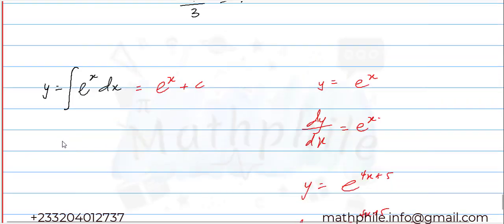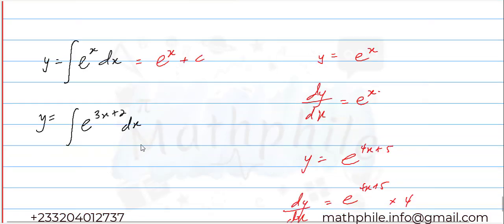So let's extend the knowledge to integration. Let's say we've got y equal to the integral of e raised to the power 3x plus 2 dx. To integrate this one, because it's an exponential function, the answer is going to be the same thing inside the integration, e raised to the power 3x plus 2, with a little bit of a catch.